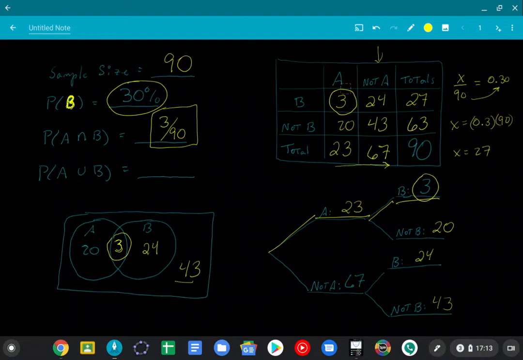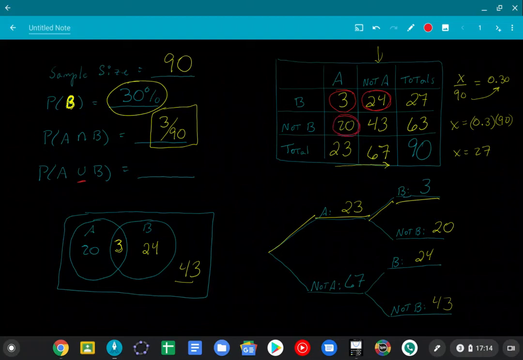All right. What about this last one? A or B. 3 is part of A and B, so it's part of both. 24 is part of B, so I'll have to add them up. But remember, the union, the U, brings people together. It doesn't matter if you're part of A or part of B, you get to join the party. Well, 24 is a part of B. It's joining the party. 20 is a part of A. It's joining the party.